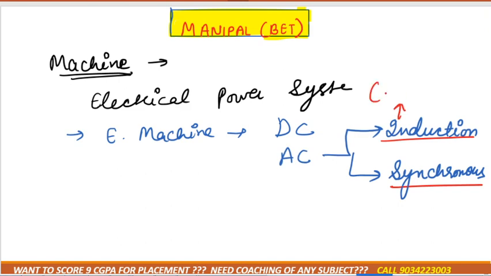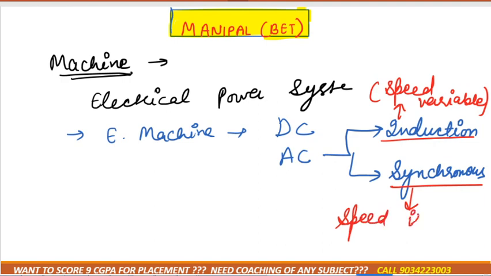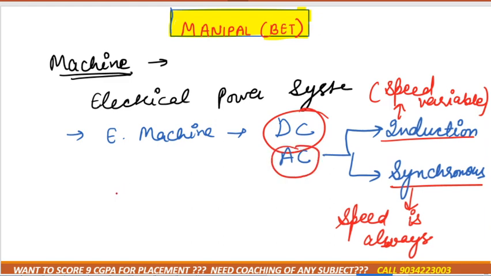In induction motor, speed is always variable. We can change the speed according to our requirement, but in synchronous motor, speed is always constant. Okay, we can't change the speed. So in this we will study both the motors, DC motor and AC motor.